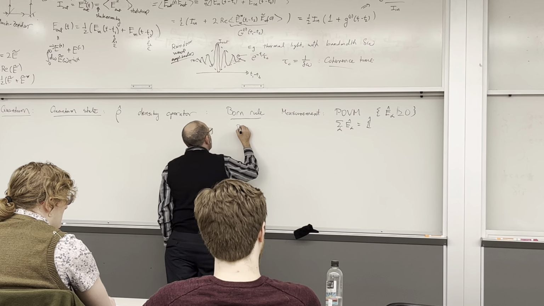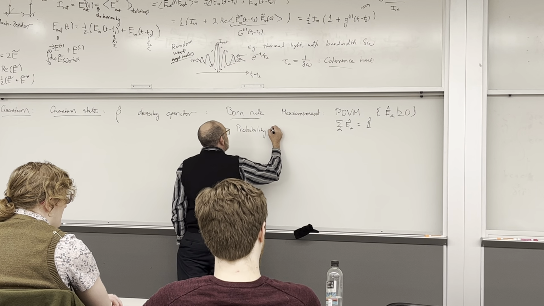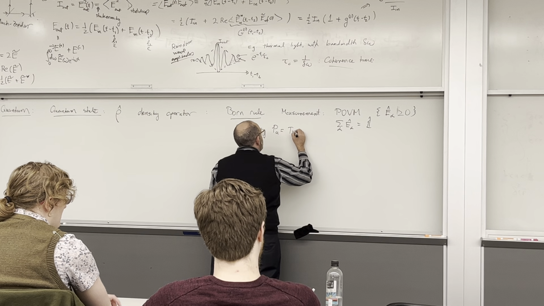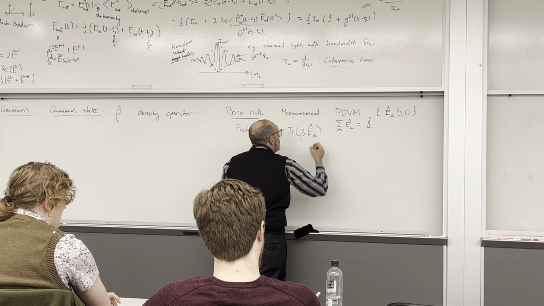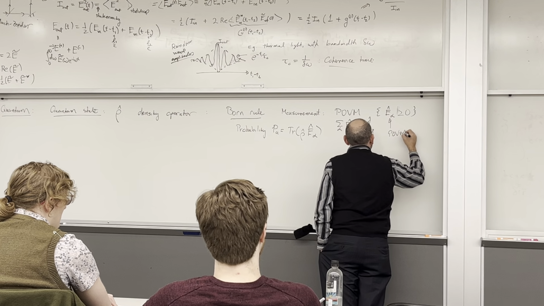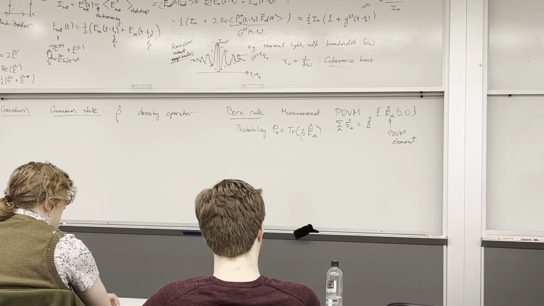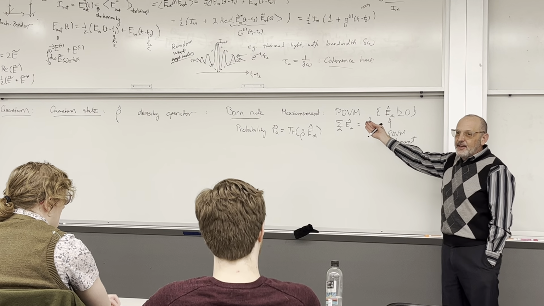And the probability of finding outcome A is the trace of rho with the POVM element. So this is just jargon. The elements of the POVM are positive operators.